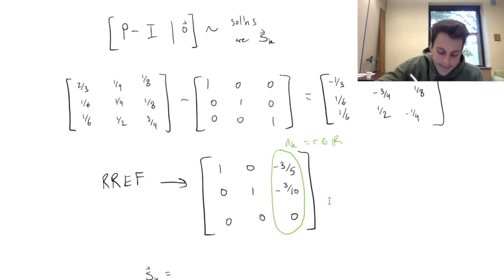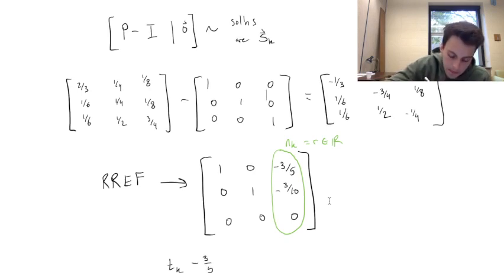So writing out the different solutions, we've got tk minus 3/5 r equals 0.